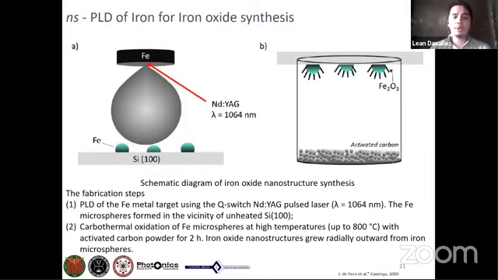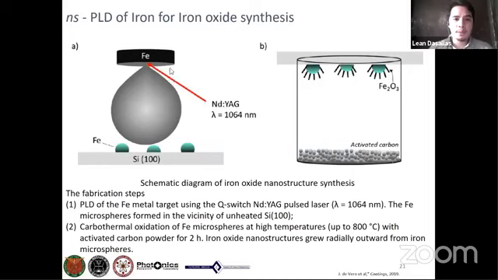So in this work, we are able to produce iron oxide nanowires using pulse laser deposition. But the production of the nanowire straight from PLD is quite complicated, or rather challenging. That's why we have to do what we call carbothermal oxidation of the iron oxide deposit.